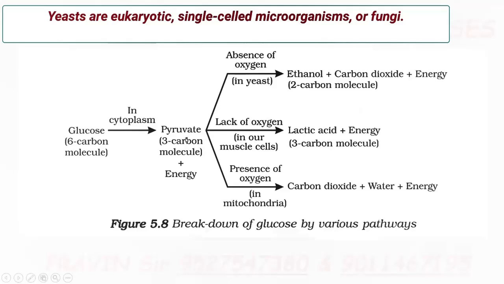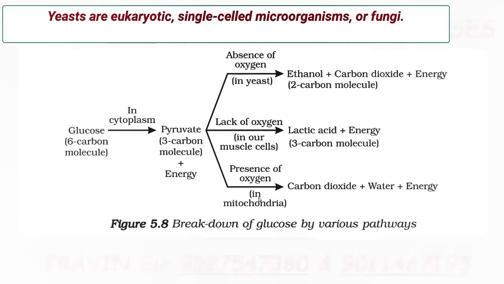Second, pyruvate is broken down into lactic acid plus energy when there is a lack of oxygen. This reaction takes place in muscular cells. In the third reaction, pyruvic acid is broken down into carbon dioxide plus water plus energy. This reaction takes place in mitochondria.